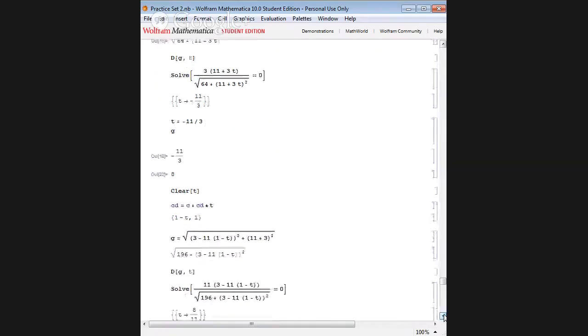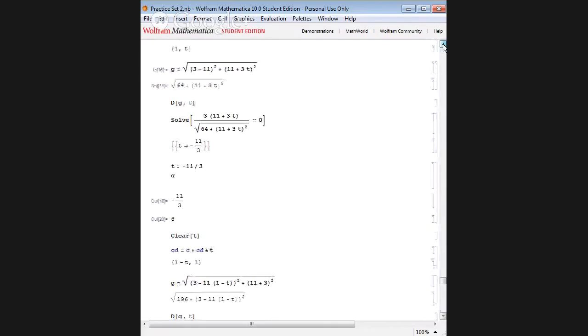Okay. At that critical value that you have there, t is -11/3. That's outside of your boundary, outside the interval from 0 to 1, so you're going to throw that out.